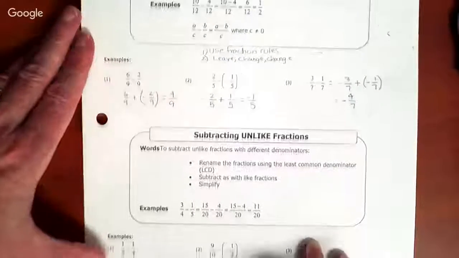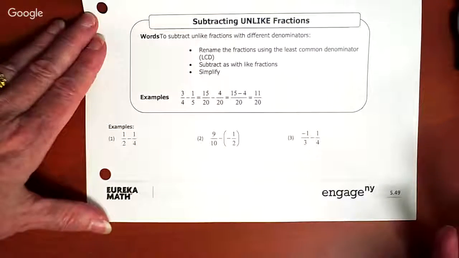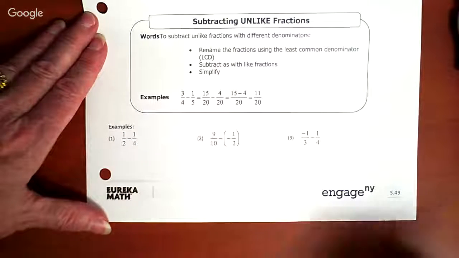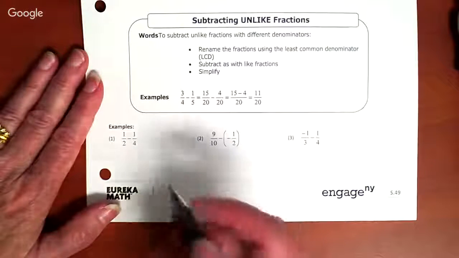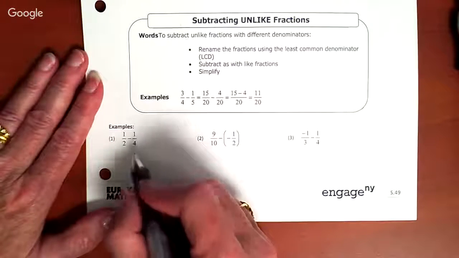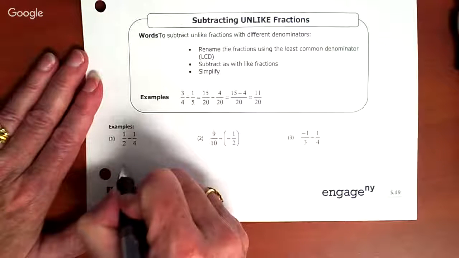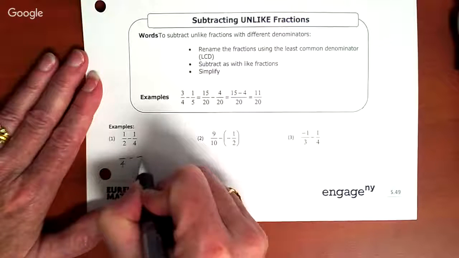Okay, so next we have unlike fractions, and just like the others, we're just going to find our common denominators, use our leave, change, change, and then we're going to add. So here we have our common denominator is 4, so we have 4 minus 4.